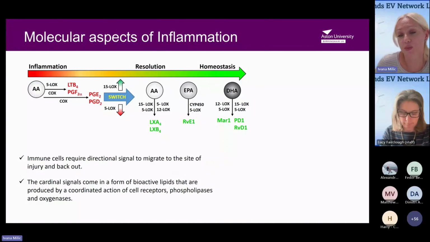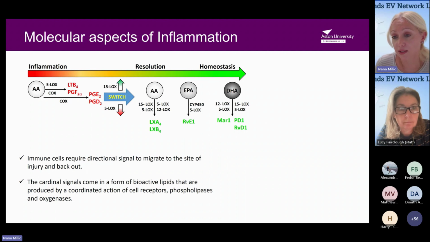And all of these lipids are synthesized locally by the inflamed tissues, which could express the enzymes as well, or by the immune cells. So they are produced at sub-femtomolar levels, and as such we needed a very sensitive platform in order to profile their possible presence in the EV preps that we had.